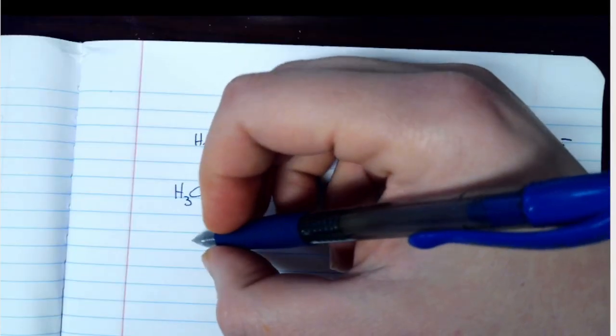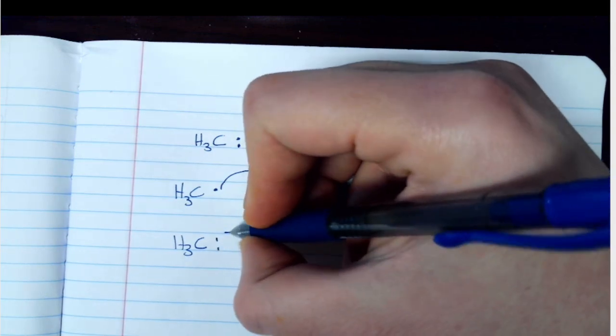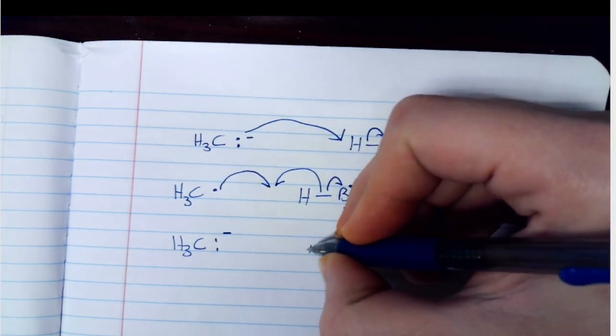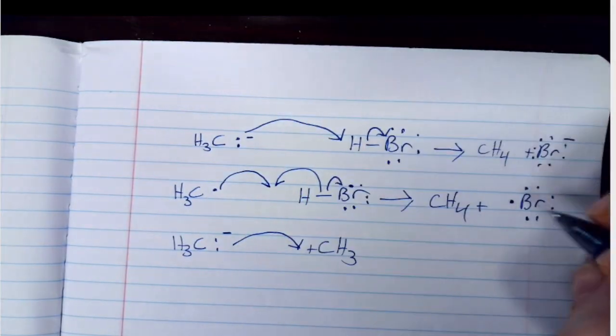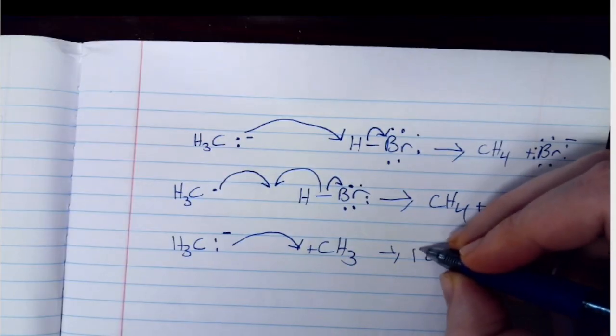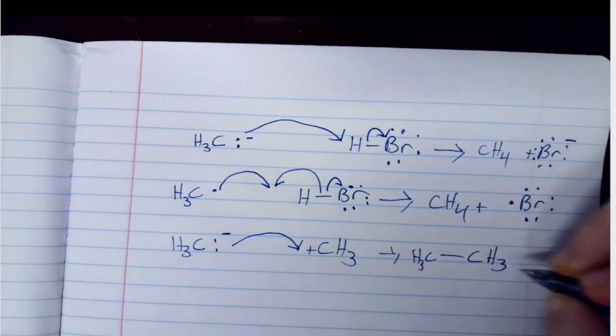And for example, normally if I was to combine an anion with a cation, you would just draw it like that. And you would have, of course, CH3 bonded with CH3.